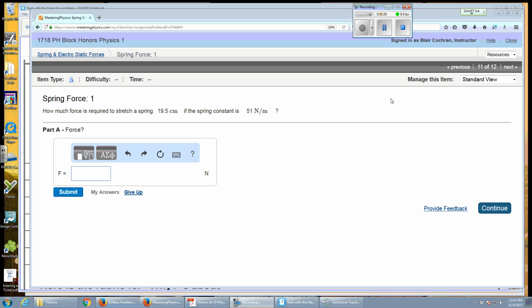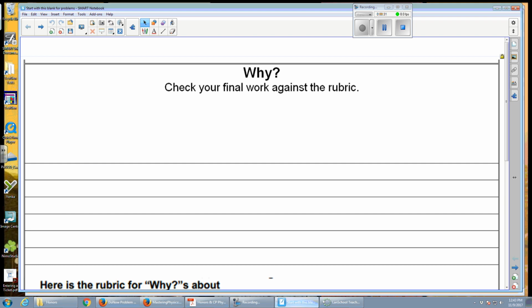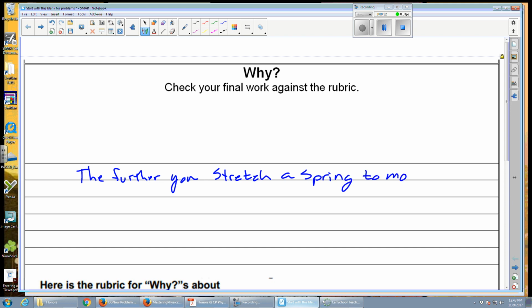So, I would start off my Y for this one probably with something like: the further you stretch a spring, the more force is needed.